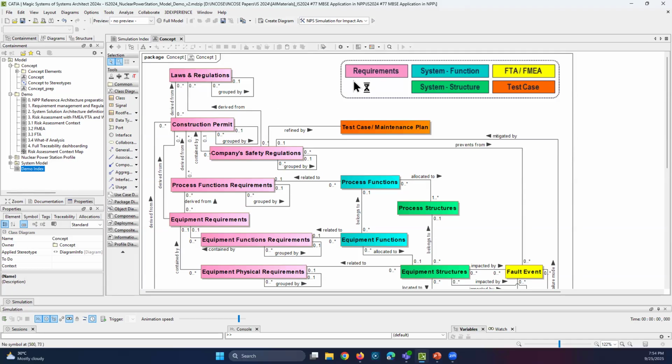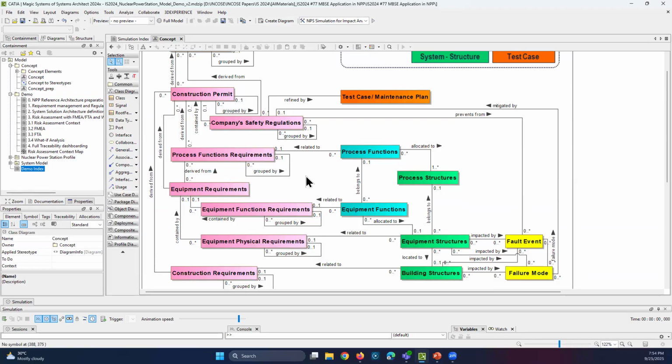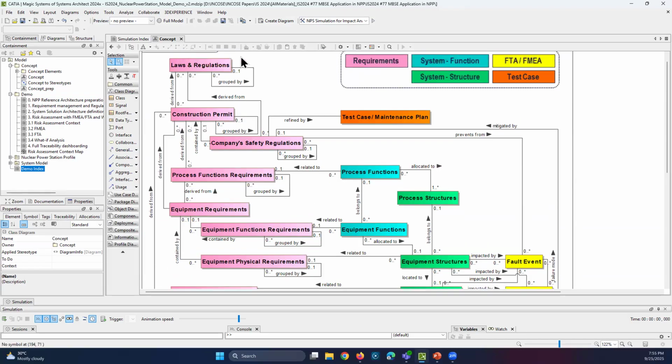So for example, we will look into what is considered as requirements, such as the laws and regulations, construction permit, and the company safety regulation. All this pink color is what we consider a part of the requirements. So you will see the different types of requirements. They are interrelated to each other. For example, the laws and regulations cover everything that we need to be compliant with from the certification perspective.